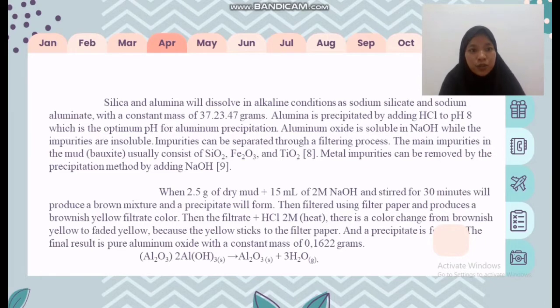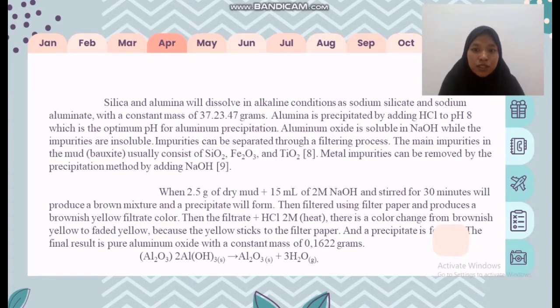Silica and alumina will dissolve in alkaline condition as sodium silicate and sodium aluminate. Alumina is precipitated by adding HCl to pH 8, which is the optimum pH for aluminium precipitation. Aluminium oxide is soluble in NaOH, while the impurities are insoluble.